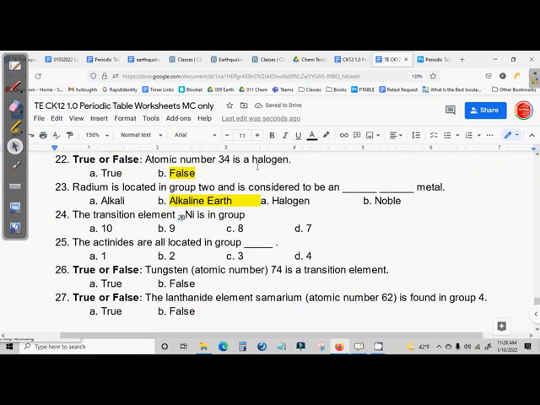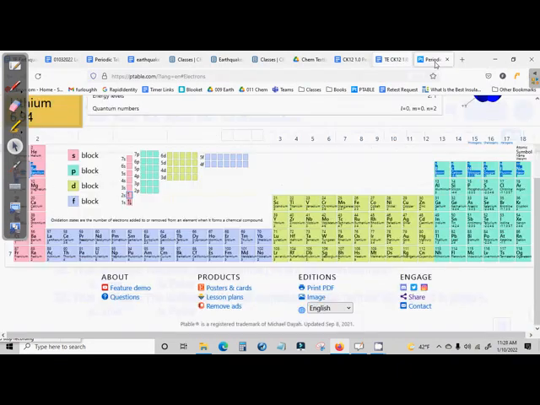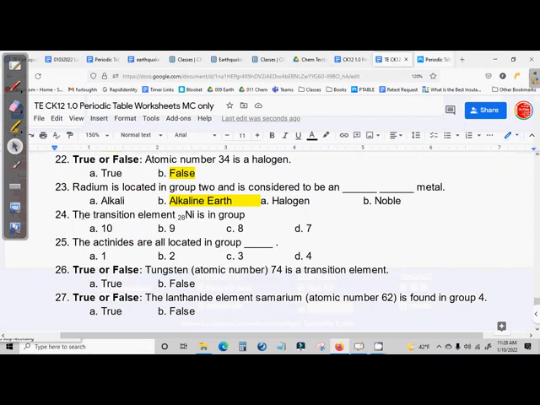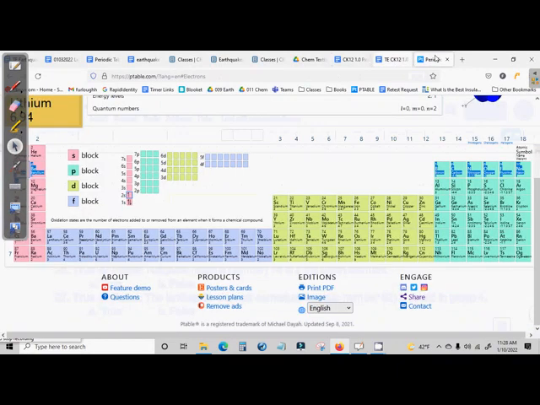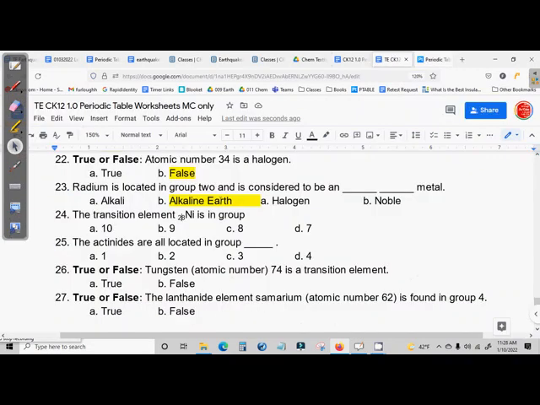That's the atomic number of nickel. So we find nickel, it's element number 28. It's right there. It's in group 10 in period 4.